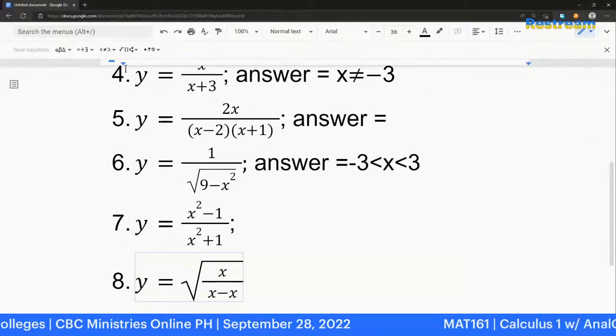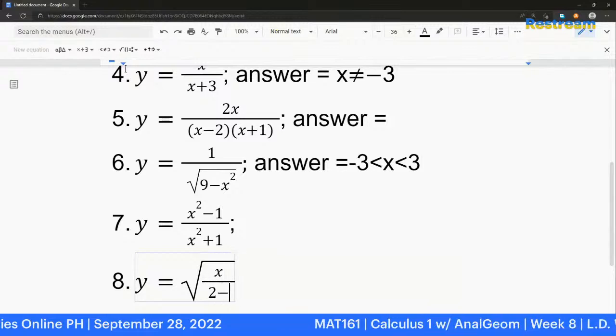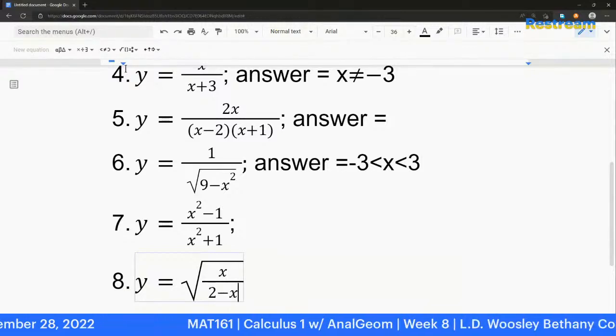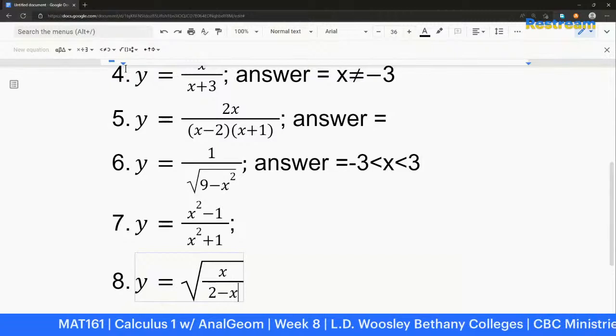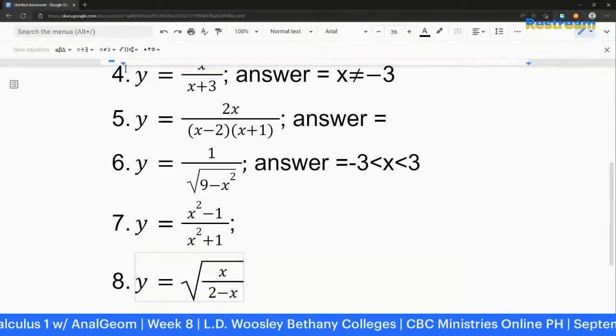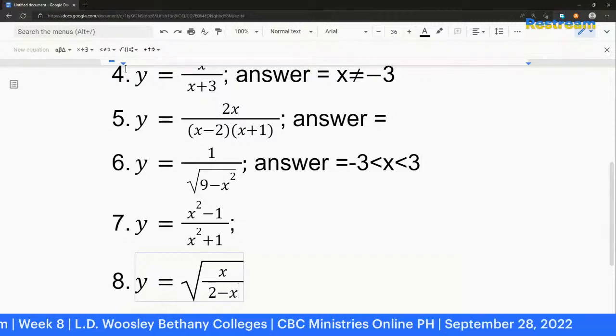Teka, nag-solve yan. Okay, that's for number 8. Yeah, negative 3.